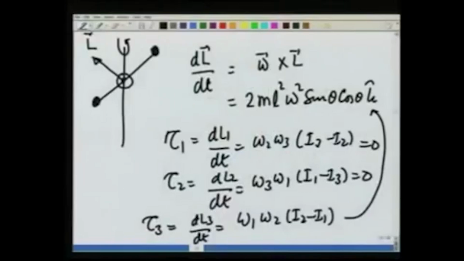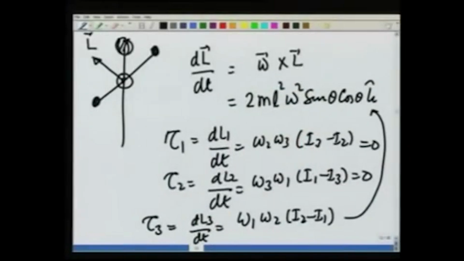and therefore to keep it rotating I have to keep applying a torque. As the body rotates, the torque direction also changes, and the torque is provided by these bearings here.